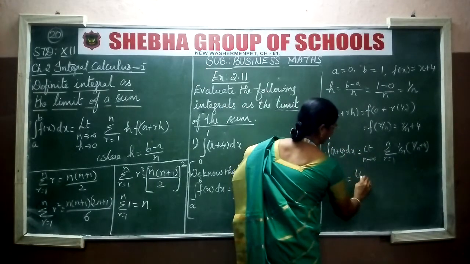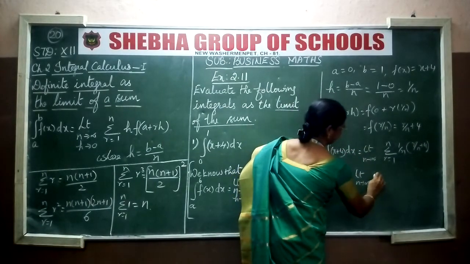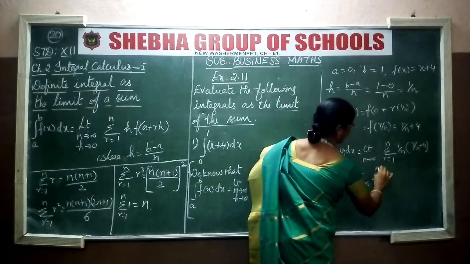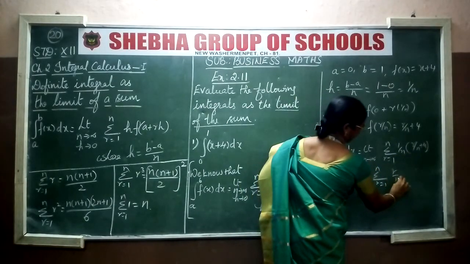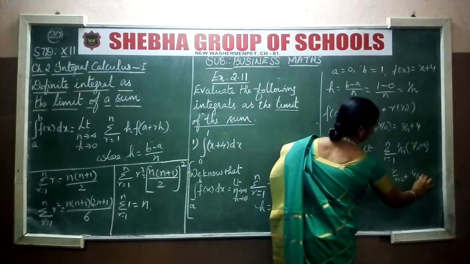Which is equal to limit n tends to infinity, sigma r equal to 1 to n, multiplying 1 by n, inside the bracket you get r by n square plus 4 by n.